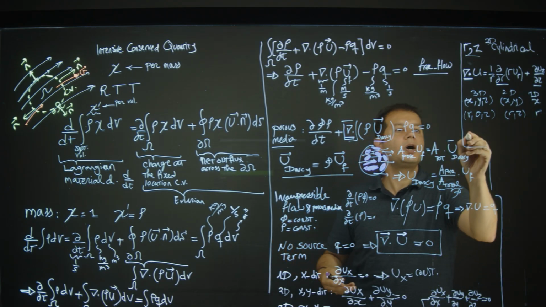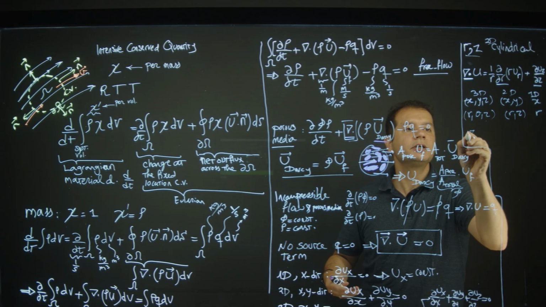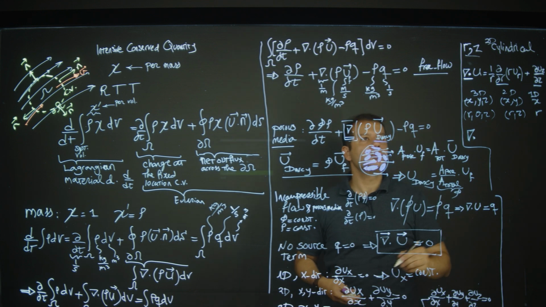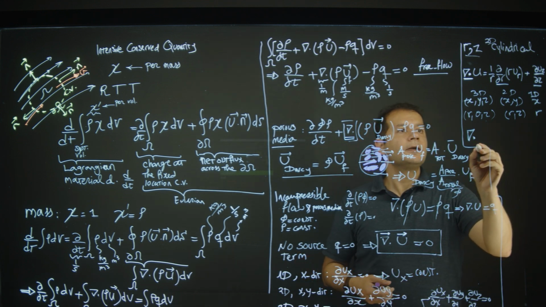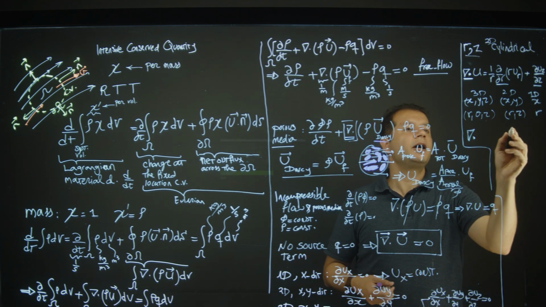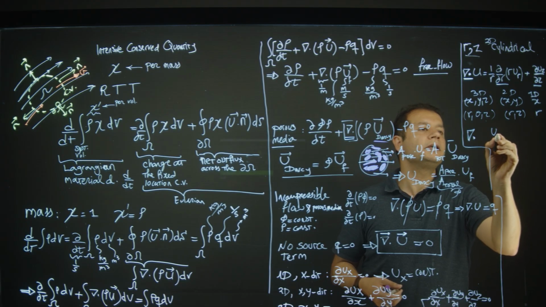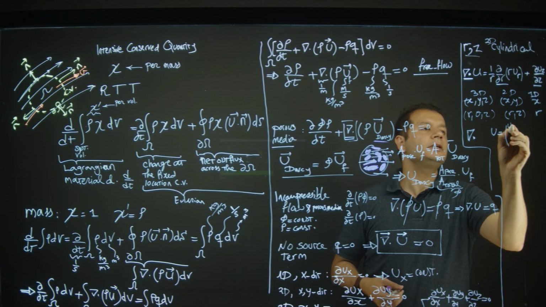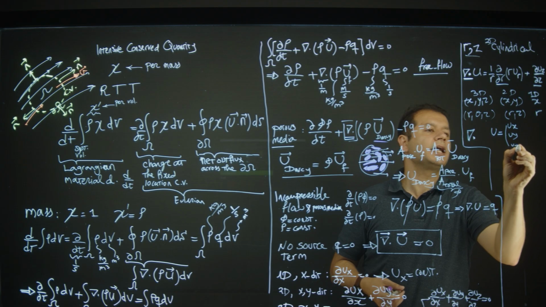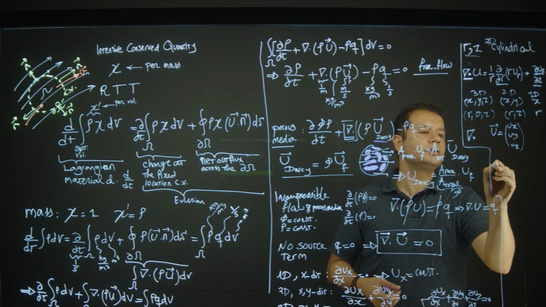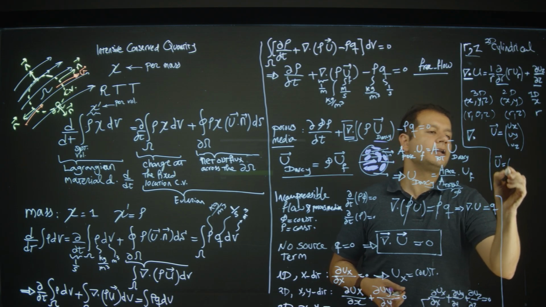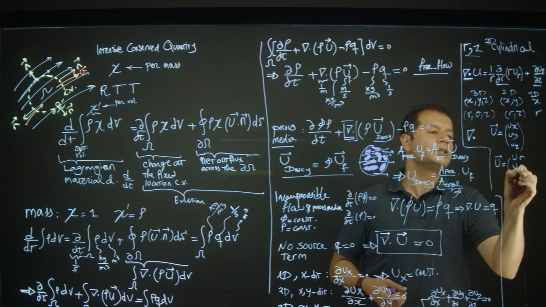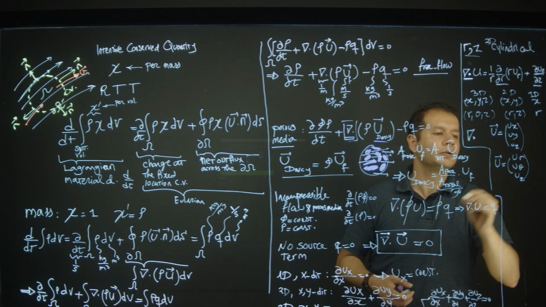You write what the divergence operator does to your velocity. In Cartesian system of x, y, z, u will be ux, uy, uz. That's your vector of velocity. In radial coordinate, your velocity will be ur, uθ, uz.